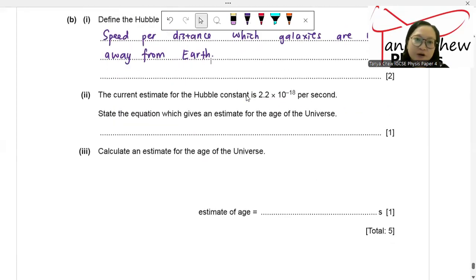Now the second part, the current estimate for Hubble constant is 2.2 times 10 to the power negative 18 per second. State the equation which gives an estimate for the age of the universe.